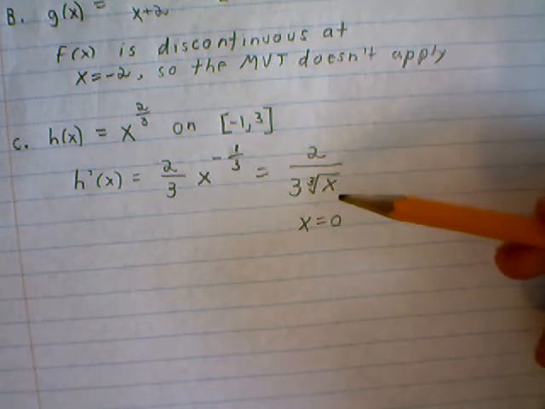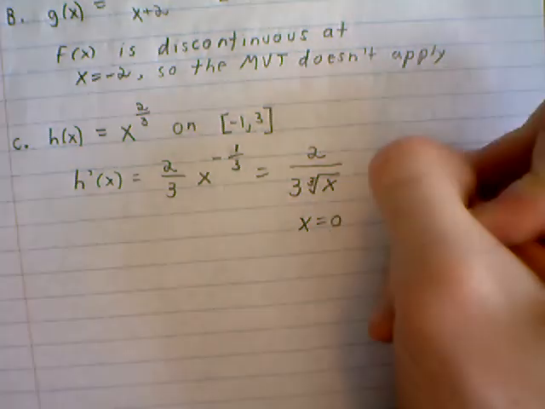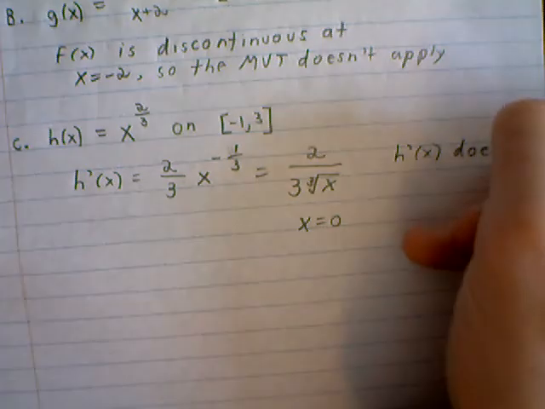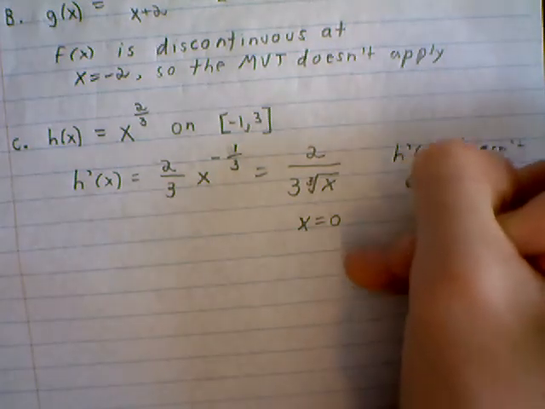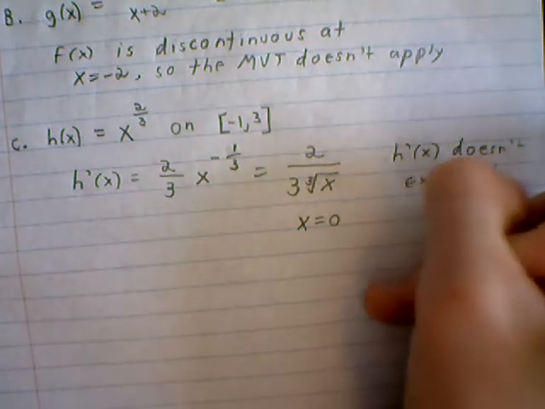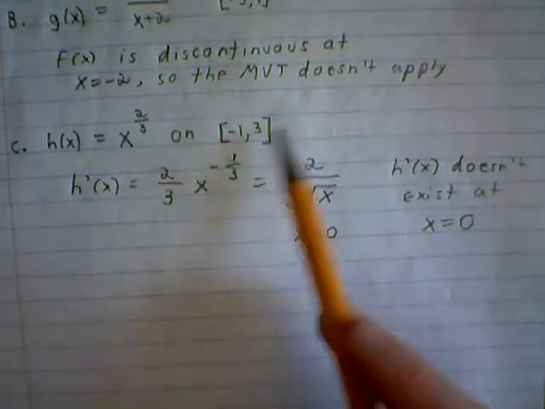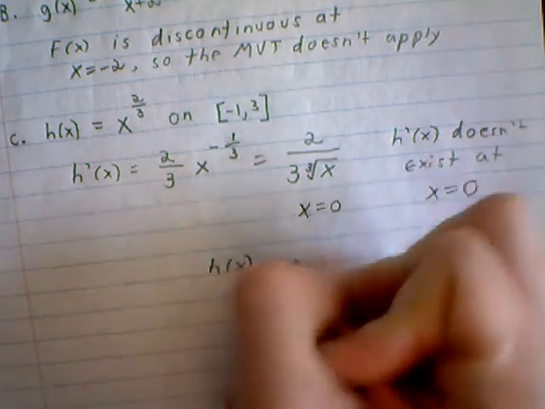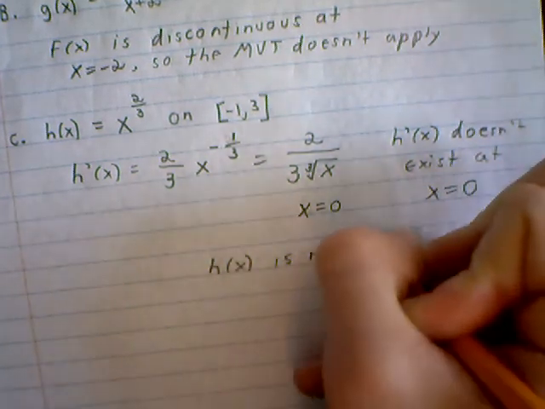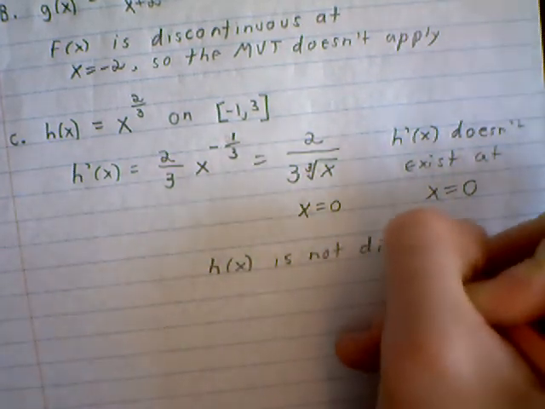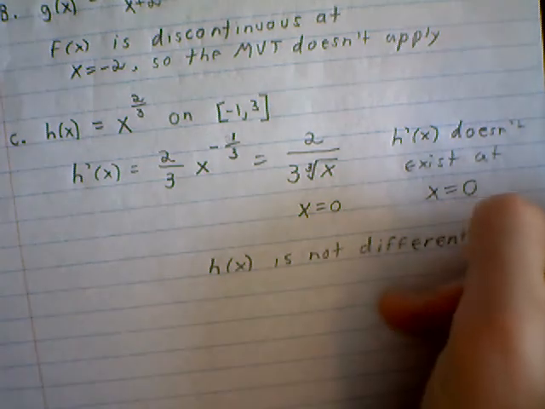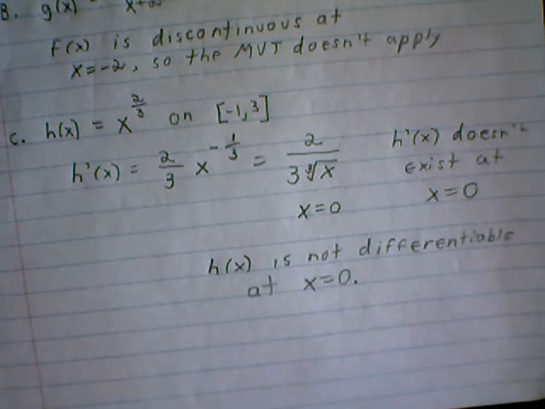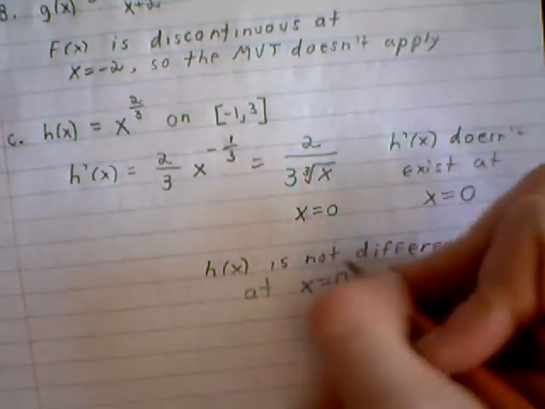So h prime of x doesn't exist at x equals 0, and x equals 0 is in our interval, so h of x is not differentiable at x equals 0. All right, so the MVT doesn't apply.